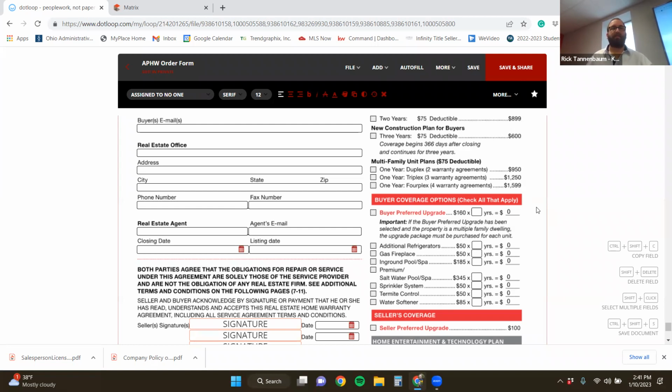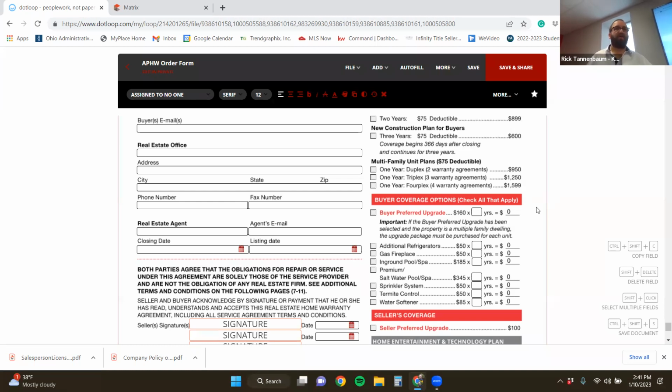And I would get that information from the client. Say you need your copy of the trust documents. They're going to need it for the title company anyways. So they're going to have to produce that for title. And I would just ask them to produce it for you so that you can go through and make sure that, I mean, the title company is going to be looking at other stuff in there.